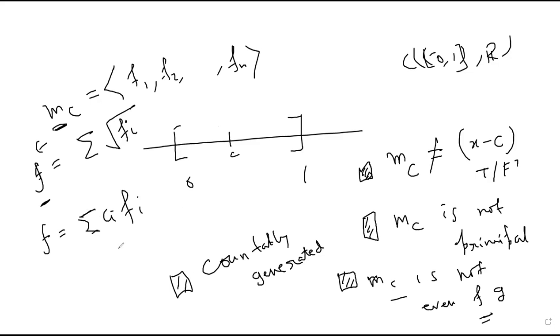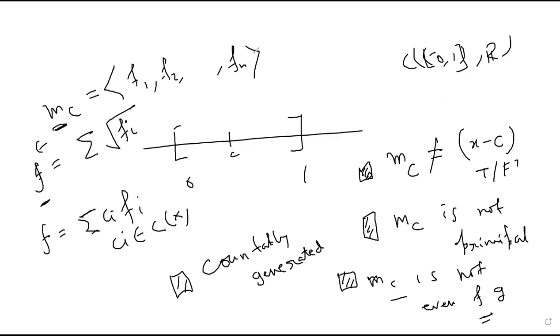By linear I mean the coefficients ci can be any functions in the ring C[0,1]. So the ci's are functions in the ring, and f cannot be written as a combination of the fi. That way you can show it's not finitely generated. And you can even show it's not countably generated.